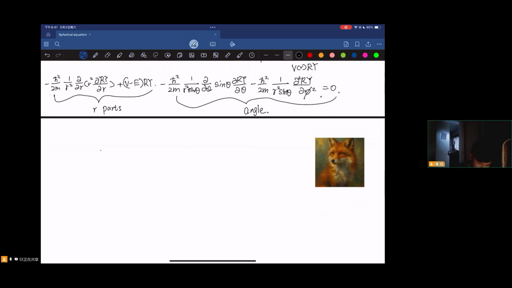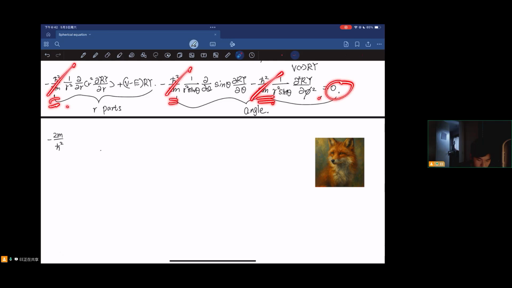So let's look at the angle part. If I multiply the entire equation by negative 2m over h bar squared, I will basically cancel out all the constants in front, right?